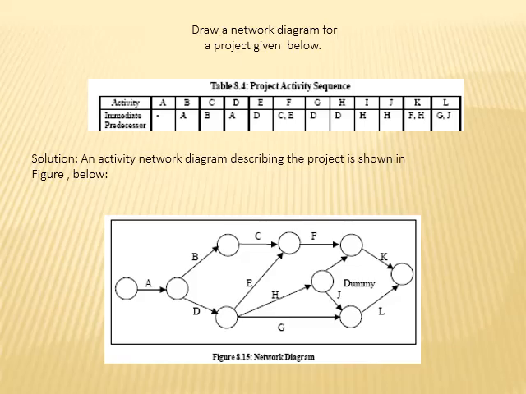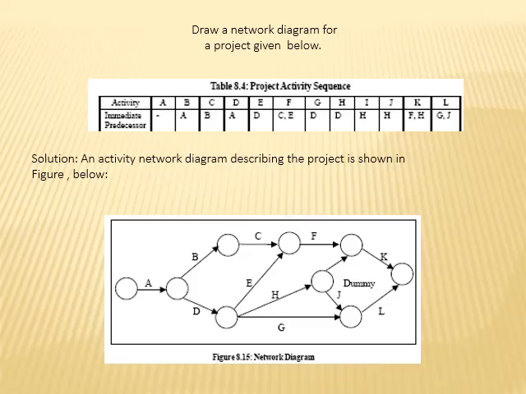Okay, now let's follow how the diagram expresses the givens in the table. I would like you to state whether we need a dummy activity or not in this table.